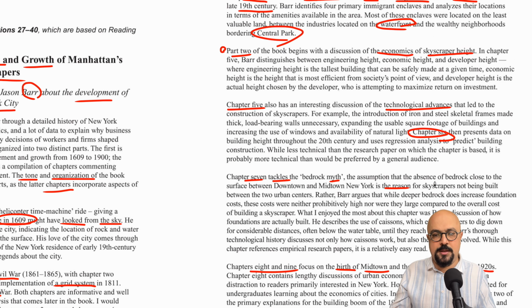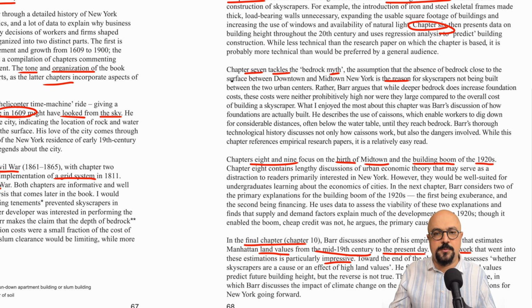The bedrock myth. Okay, here it is. So we know that these chapters contain the answers to bedrock myth. Not even this last paragraph. Probably this paragraph, maybe the next. I'm not so sure.